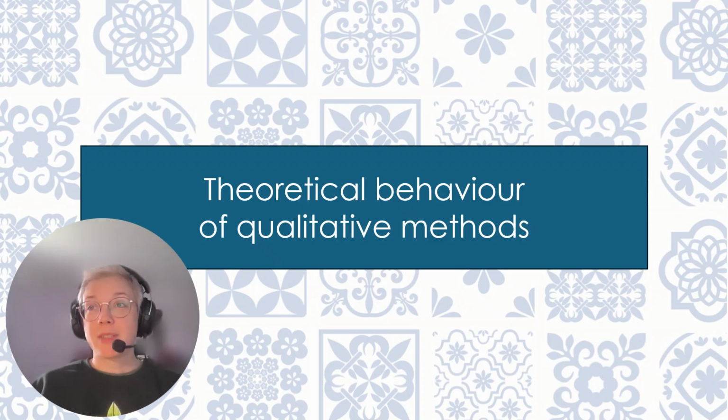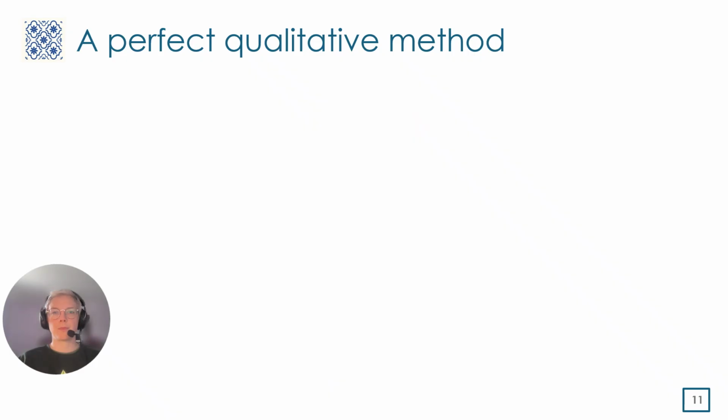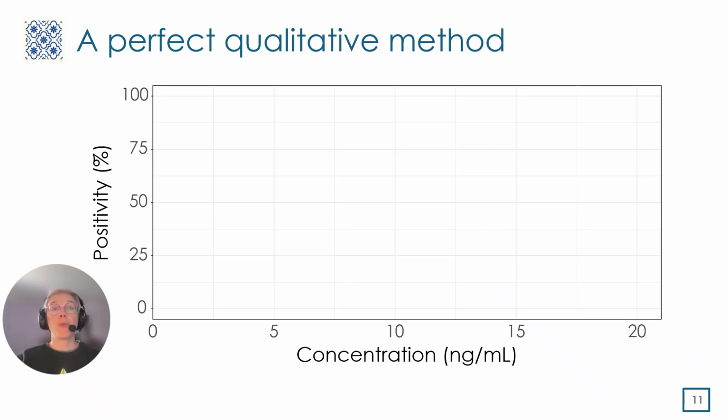So to help us understand this validation step of looking at the false positive and negative results, we need to understand a bit better how qualitative methods work, their theoretical behavior. A good way to visualize the performance of the method is by plotting the percent positive samples versus the concentration.